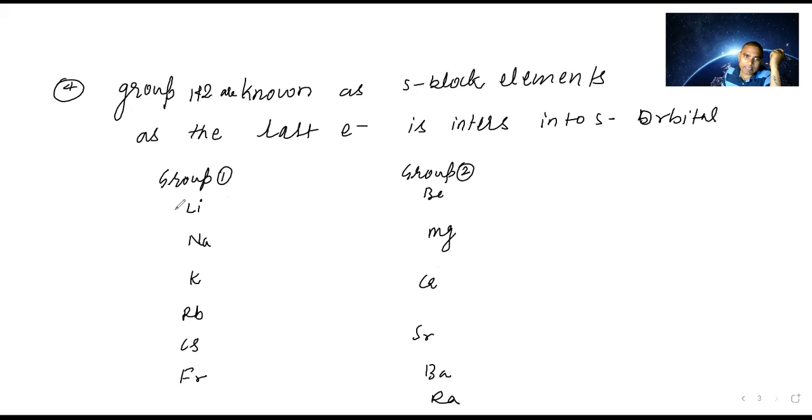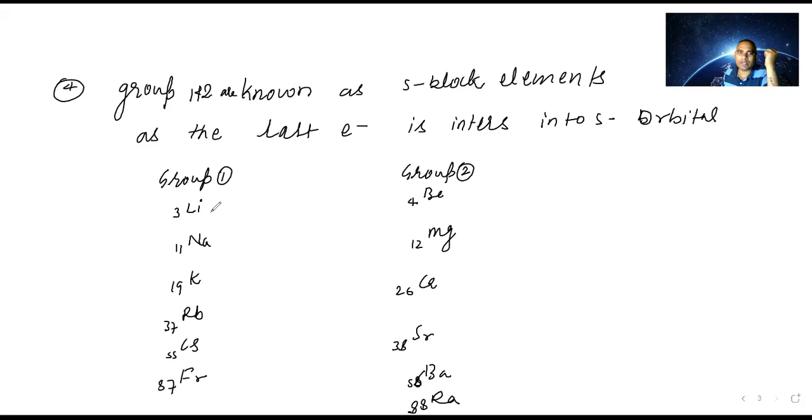The atomic numbers are 3, 11, 19, 37, 55, 87, and for group 2: 4, 12, 20, and so on. I will tell you how to memorize these atomic numbers; there is a trick. Then 56 and 88. Now let's do the configuration.